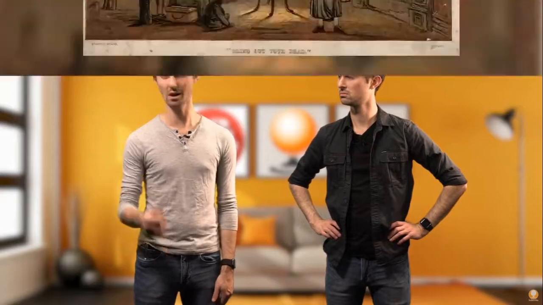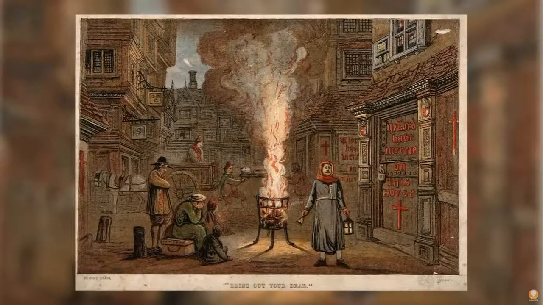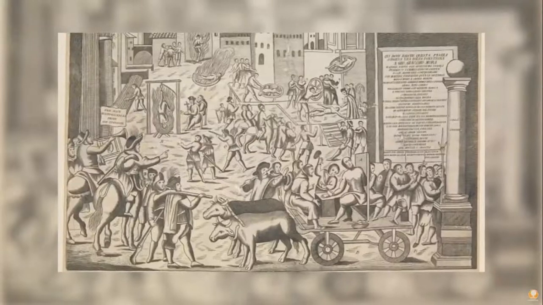See, one reason we love this plague story is because of what it seemingly reveals about the people and culture of the 1600s. But maybe even more interesting is looking at our own folklore, like this story of how Ring Around the Rosie is apparently about death and disease, and asking ourselves what it reveals about the people and culture of today. And that is pretty cool.